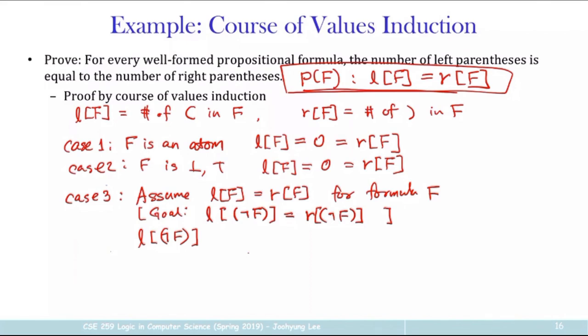However, I can say that the number of left parentheses in F is denoted by L of F. So I can write this as an equation. The number of left parentheses here is this one, plus whatever left parentheses are in F. So this number is 1 plus L of F, where 1 denotes the first left parenthesis.